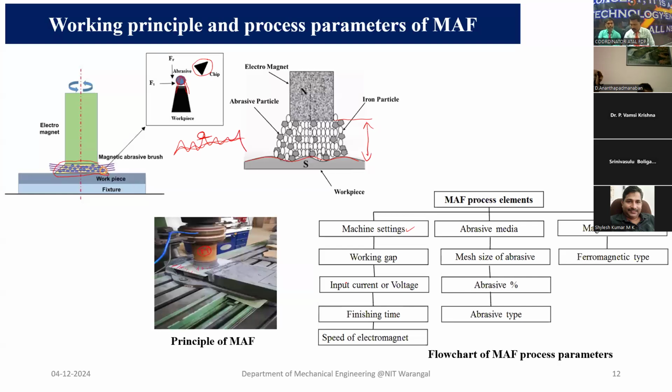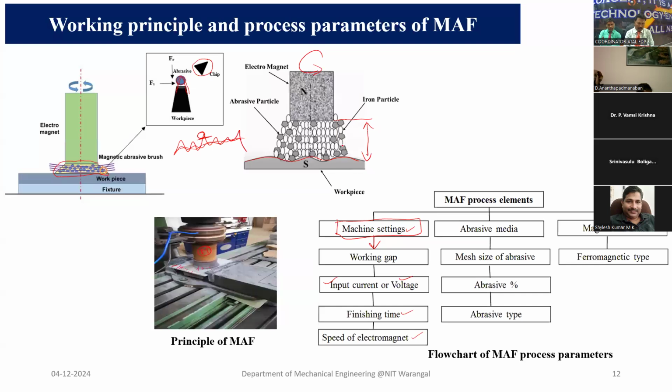Then we can change the input current or voltage, the finishing time, and the speed of the electromagnet, which is nothing but the rotation of the electromagnet. So these are the parameters we normally change from the machine.